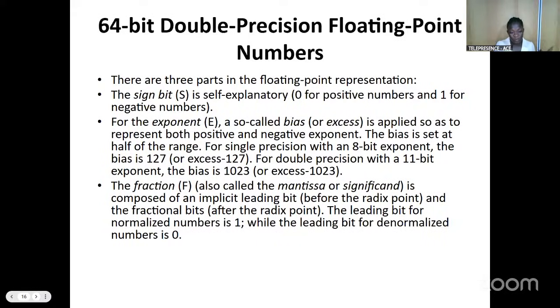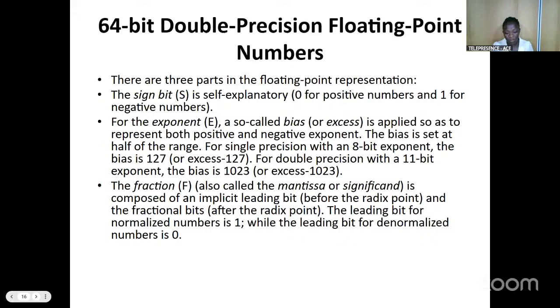So for the first one, which is 32 bits, we have an 8-bit exponent with the bias of 127. For the 64 bits, which is double precision, we have an 11-bit exponent with a bias of 1023, or excess of minus 1023.